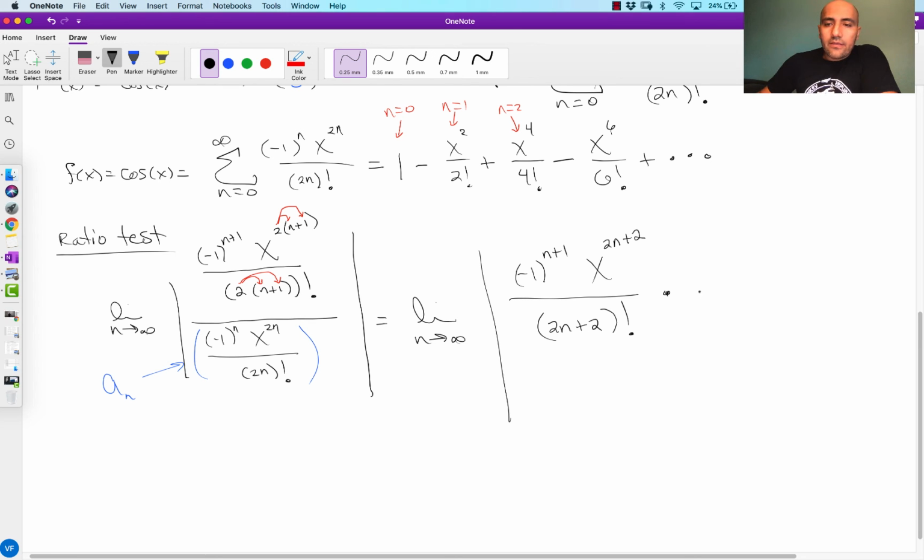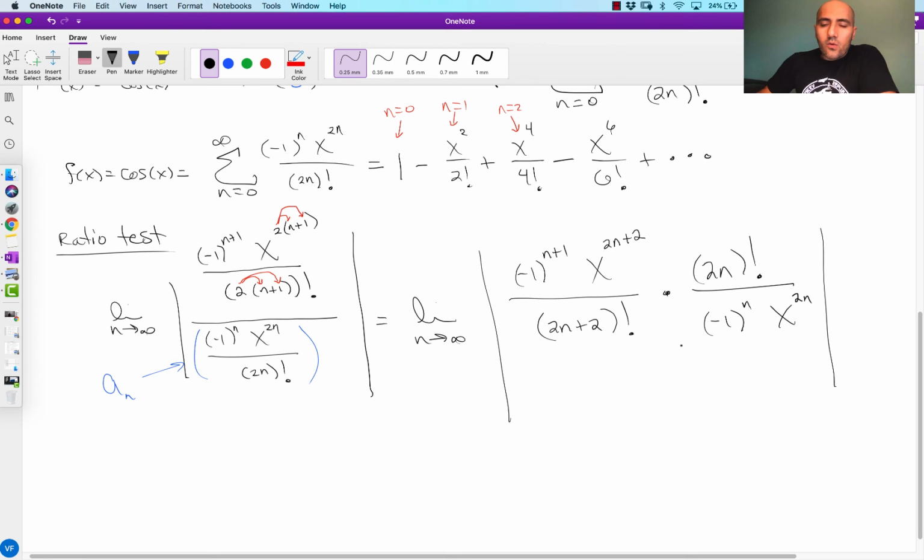We'll end up with 2n in parentheses factorial divided by negative 1 to the power of n and then x to the power of 2n, in absolute values.